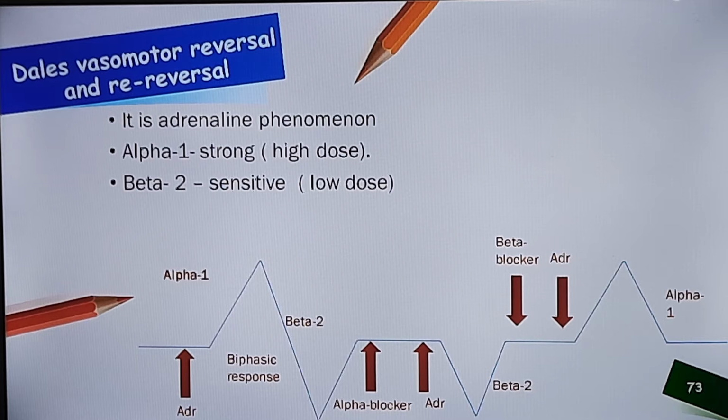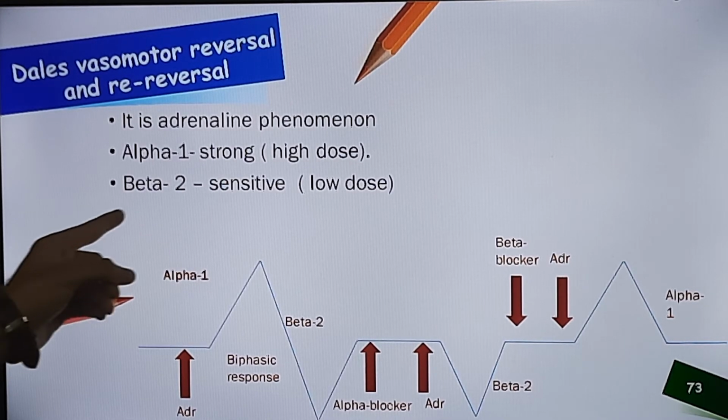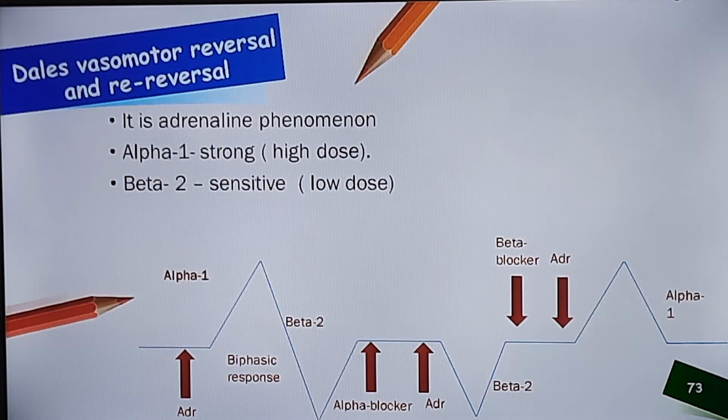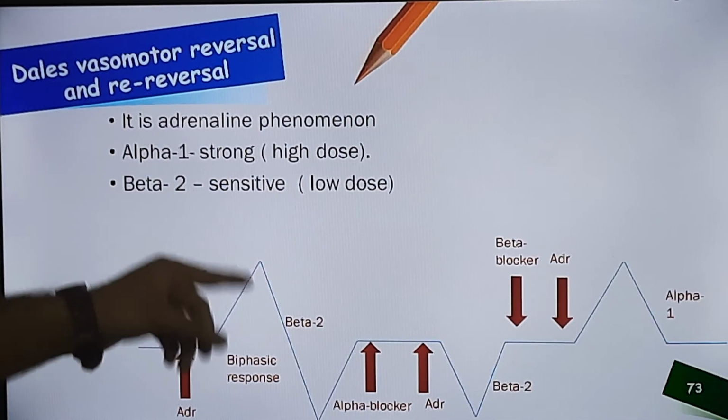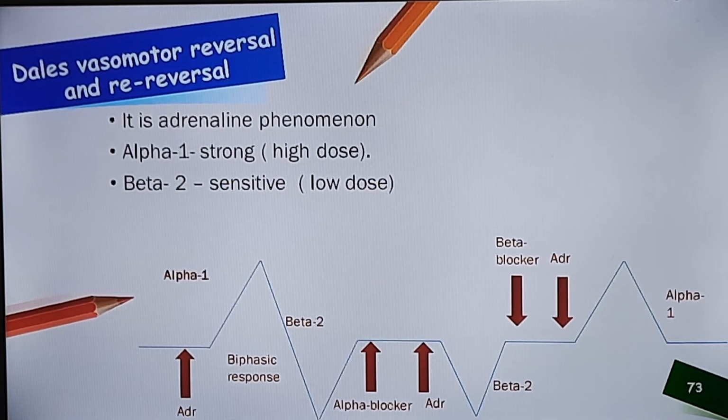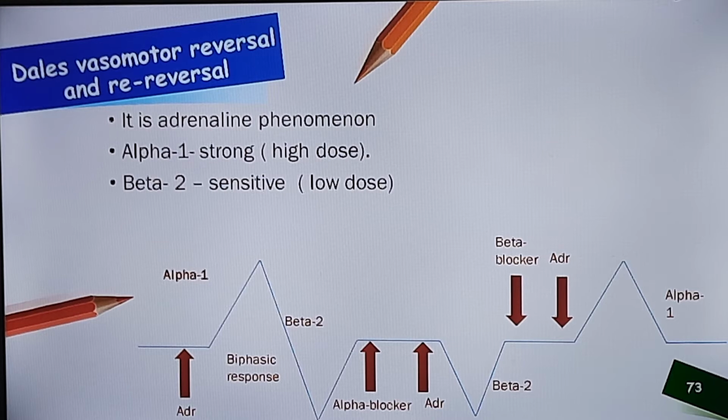So जो adrenergic receptor बच जाता है, that is our beta 2 adrenergic receptor, and we know by stimulating beta 2 adrenergic receptor there will be vasodilation, and because of vasodilation जो हमारा blood pressure है that will fall.